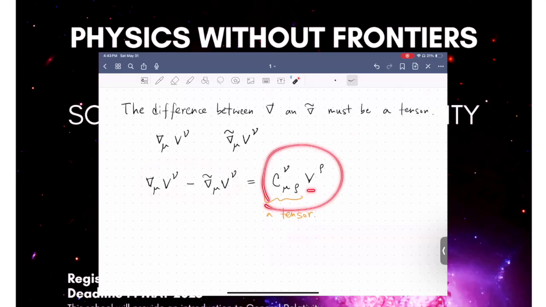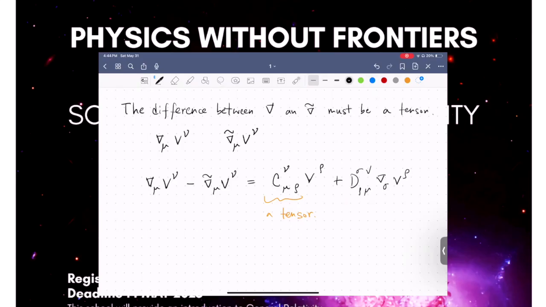So whatever tensor this is, it should depend on V. So there should be a V, and then it should be a tensor, so you find a way to put a bunch of indices so that you have the same kind of indices on the left-hand side and on the right-hand side, right? Fair enough. But nothing tells you that there cannot be other derivatives of this vector here, right? So you could easily imagine that there may be situations where you have things like this, and then you have even more complicated tensors contracting everything and then putting in the right tensors, right?